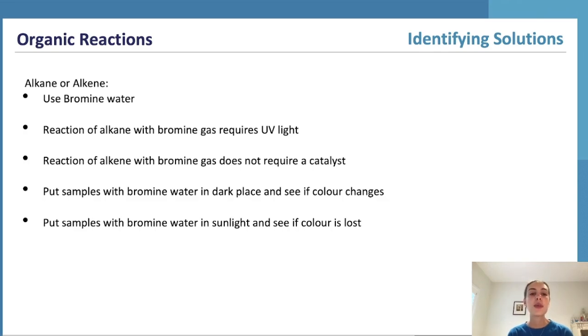So we can put samples of bromine water with our unknown solutions, either the alkane or alkene, in a dark place. If the color changes, we'll know it's an alkene. Then we can put the others into sunlight, and if the color is lost, that shows the reaction required UV light.